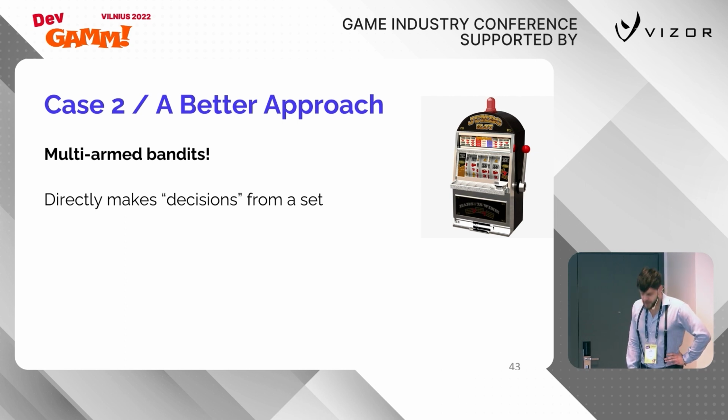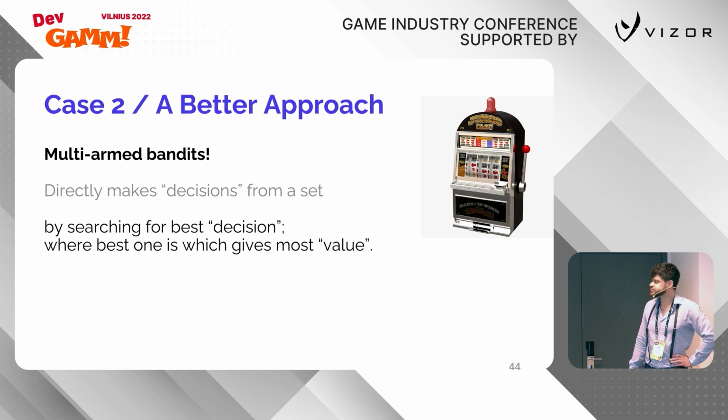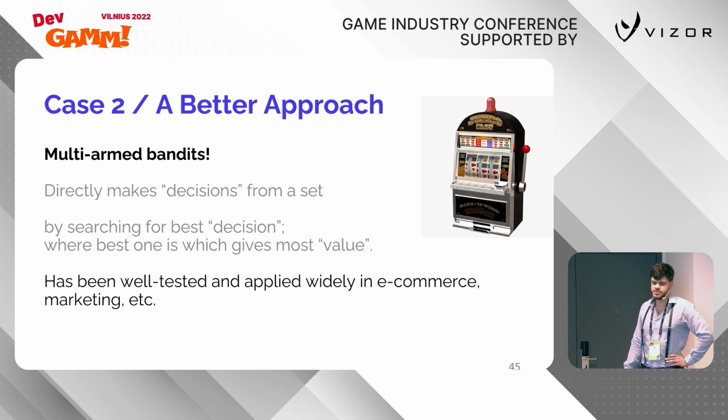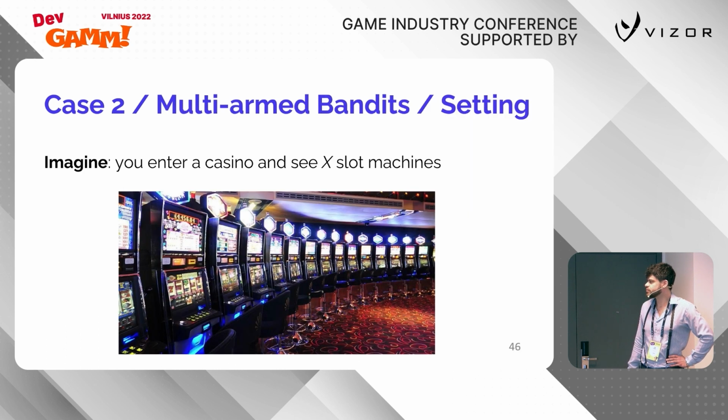They directly make decisions using data from a set of pre-made decisions. They search for the best decision from a specified predefined set, and they have some guarantees about the quality of the chosen solution.